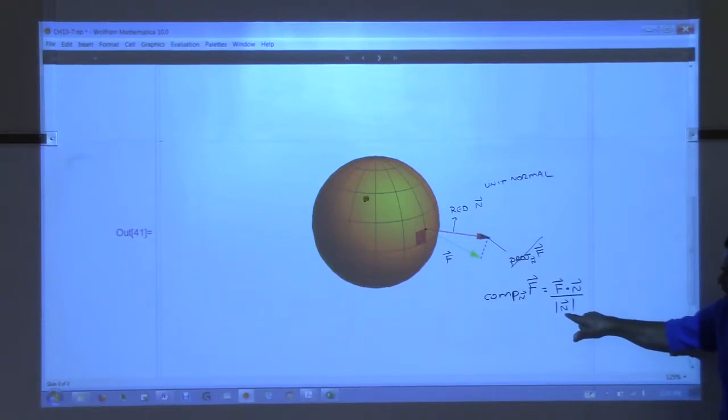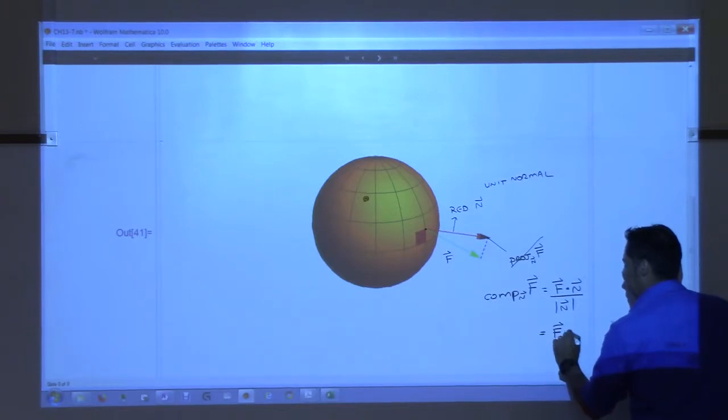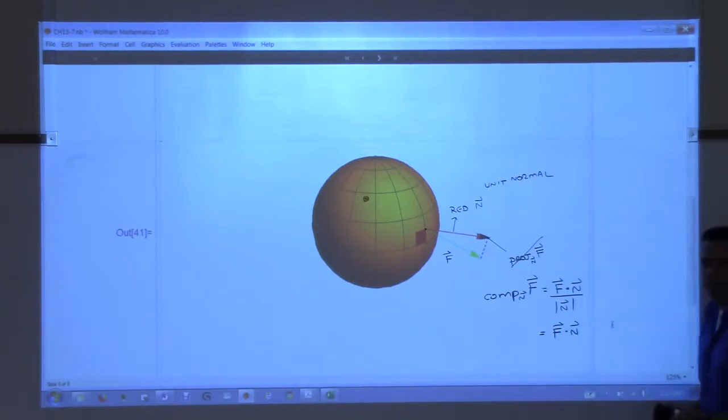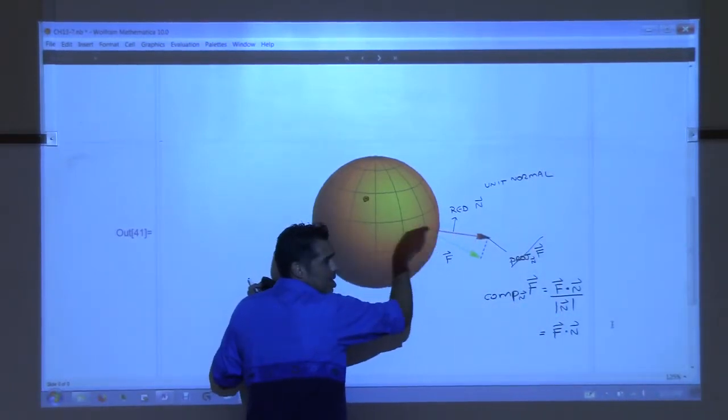But what is the length of N? It's 1, because N is the unit normal vector. So this is really just F dot N. That's all that is. This would be a number, since a vector dotted with a vector gives us a number. That number represents the flow out at that point.